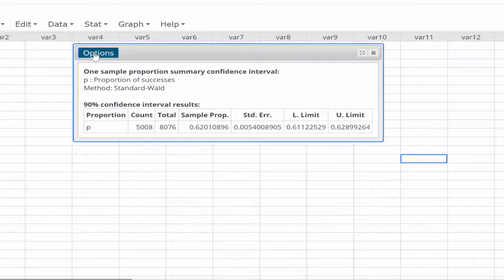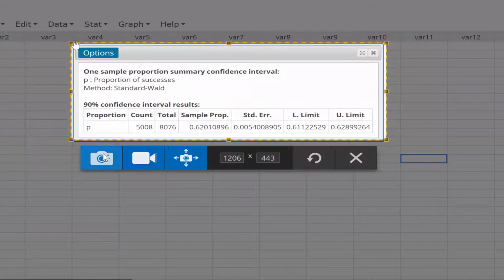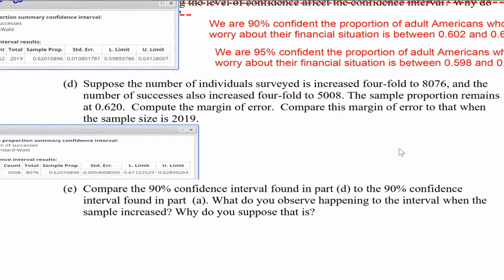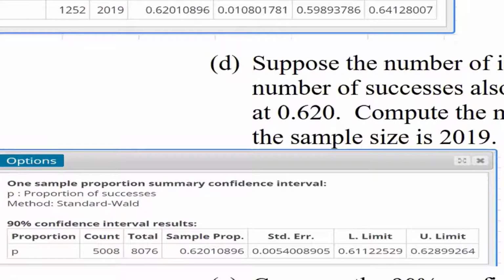This is what I get. And let's compare it to the earlier scenario. So my p hat is still 0.620, right? So p hat minus the margin of error is going to give me my lower bound. So if I do 0.620 minus my margin of error, and I have a lower limit of 0.611, you see that right here?